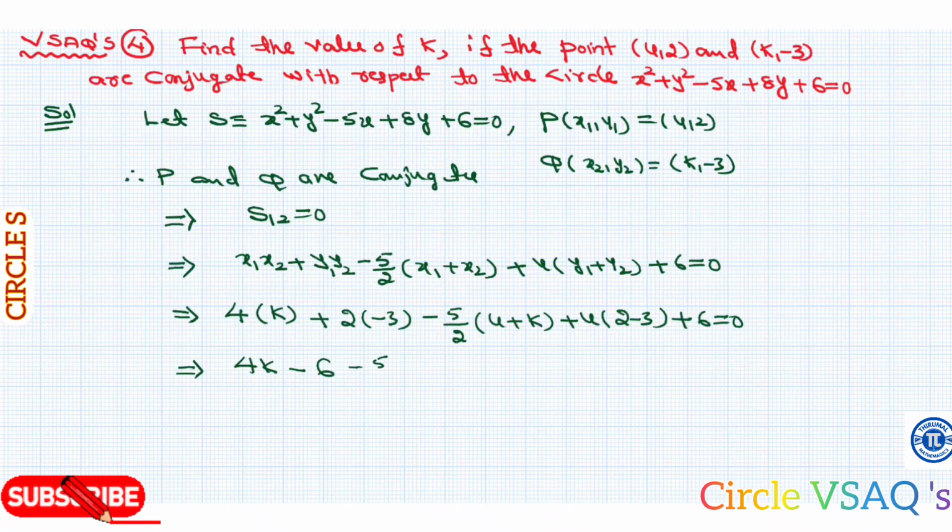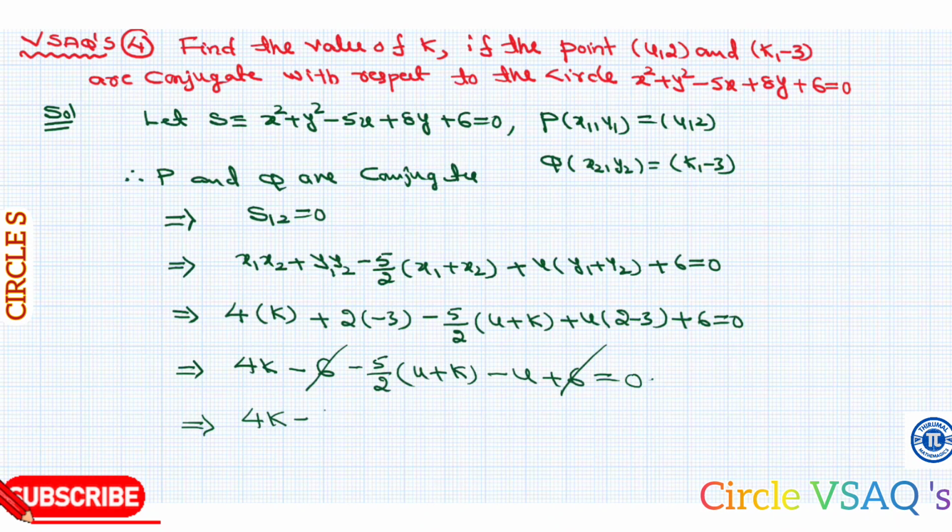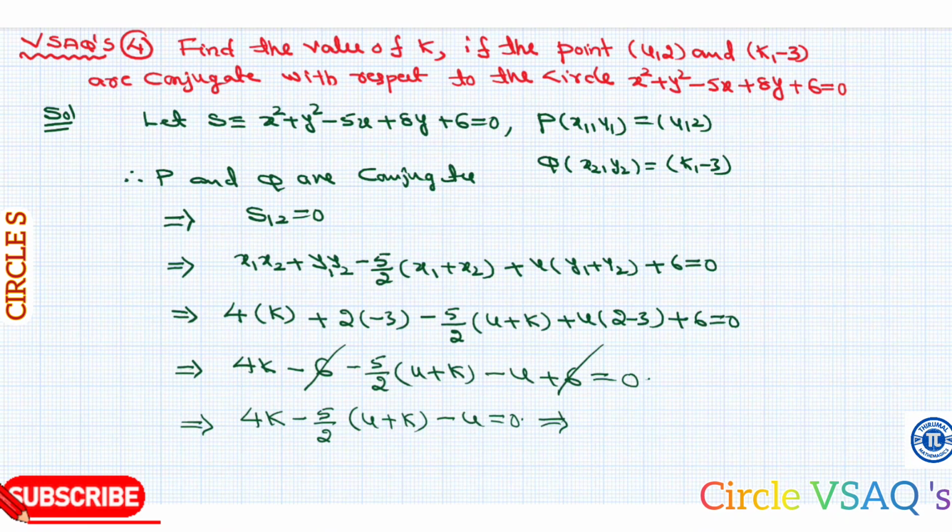Next, minus 5/2 of (4 + k), here 2 - 3 is -1, -1 into 4 is -4, plus 6 equal to 0. Here +6 and -6 cancel, then we get 4k - 5/2 (4 + k) - 4 equal to 0.